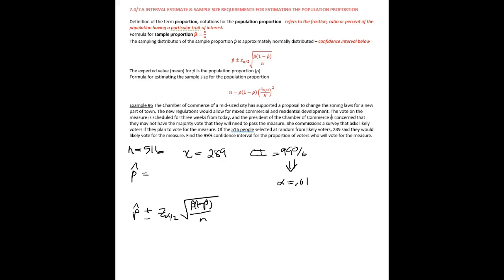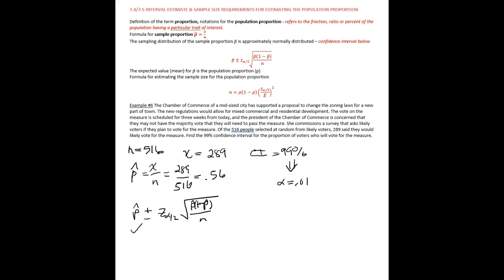So P hat is equal to X over N, which is 289 over 516, which is equal to 0.56. So yes, we have P hat. Do we have Z alpha half?